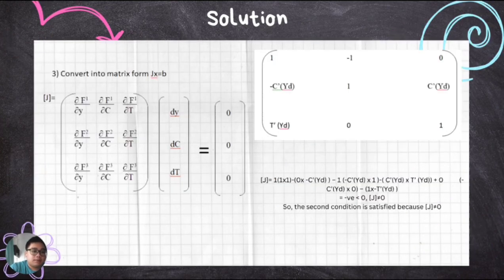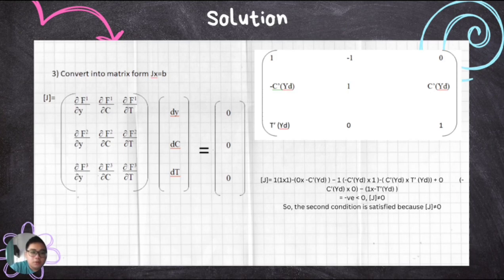The next step is to convert into the matrix form Jx equal to B. So before we get the answer, we convert into the matrix form like this, and we just times minus.